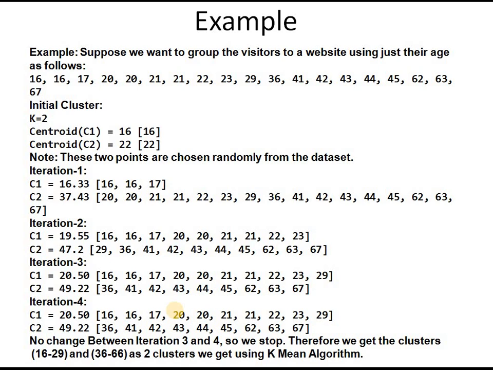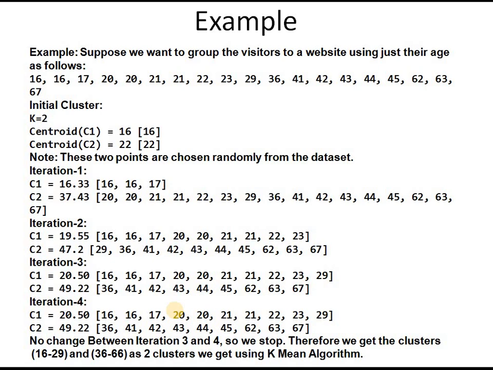After calculating the mean value we get 20.50, and centroid C2 has the values 36, 41, 42, 43, 44, 45, 62, 63 and 67, and we are going to calculate the mean value for centroid C2. The answer is 49.22 as the mean value for centroid C2.